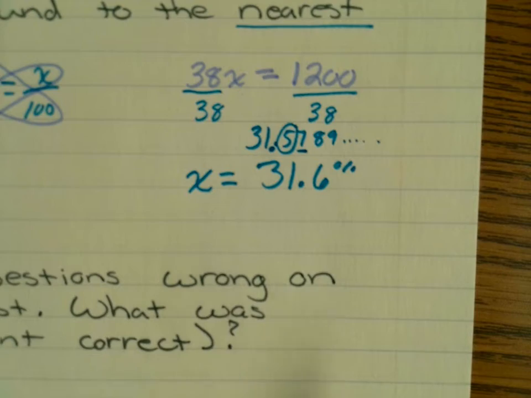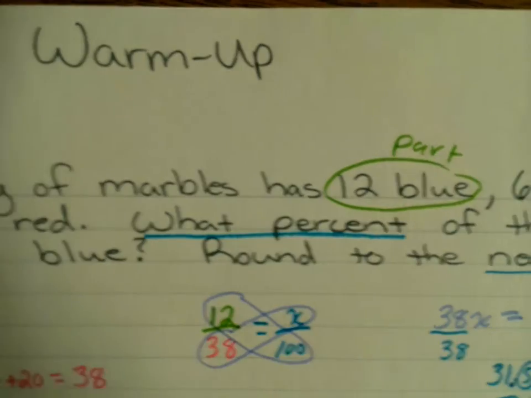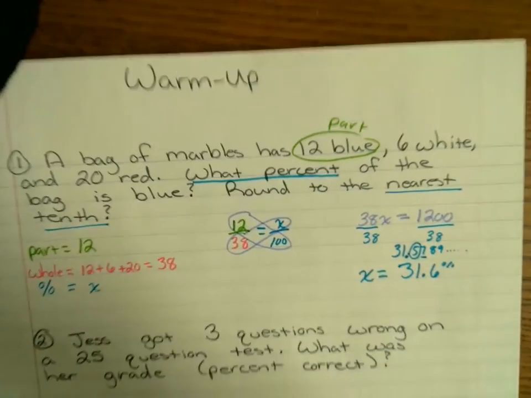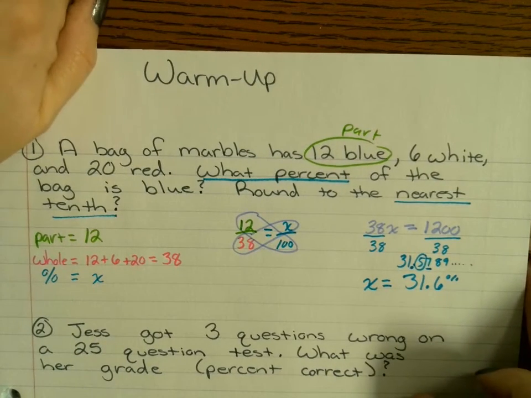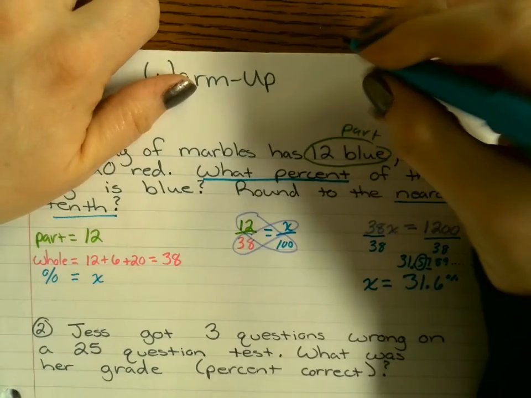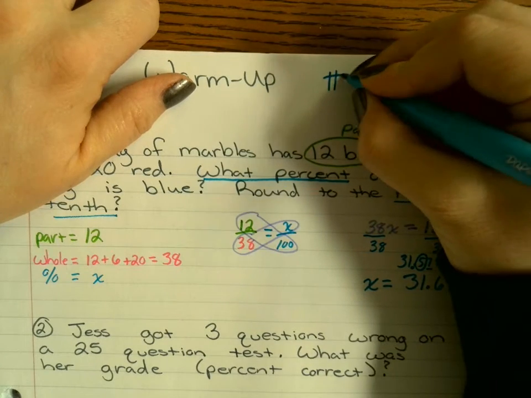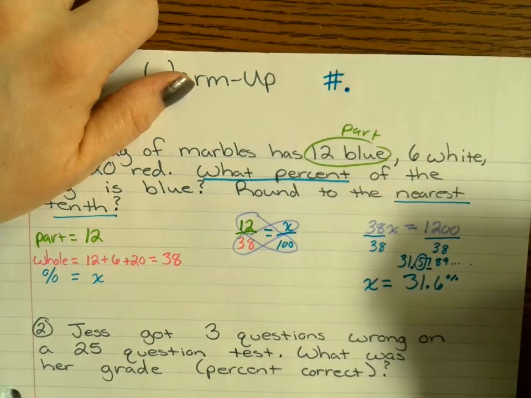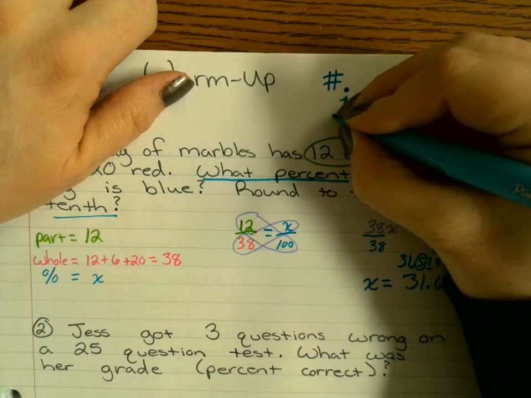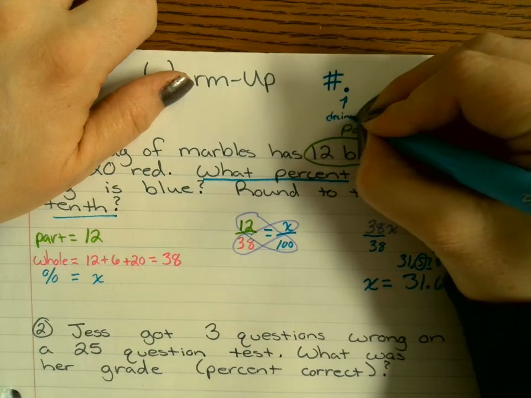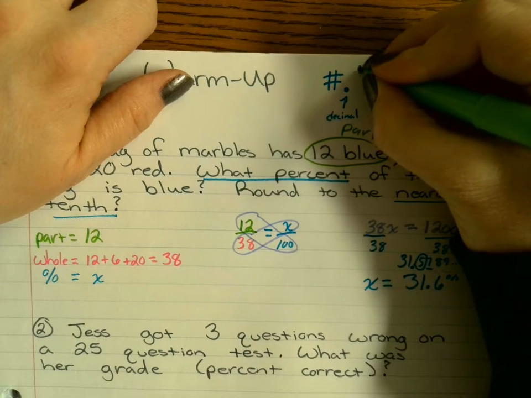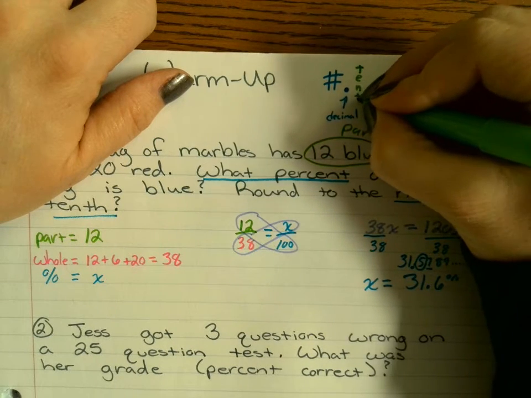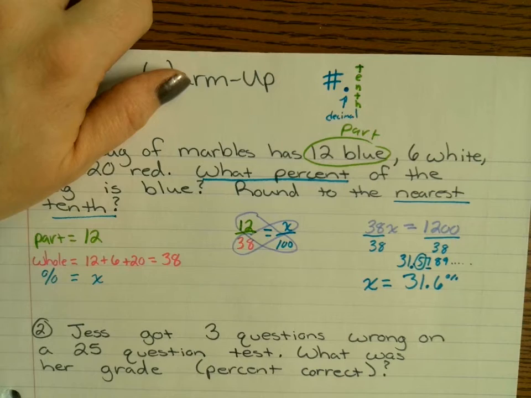I want you guys to write up at the top here, because a lot of you have forgotten how to round correctly. So please remember that if you have a number and then you have a decimal, I'm going to put that arrow as a decimal. This first value here is the 10ths.